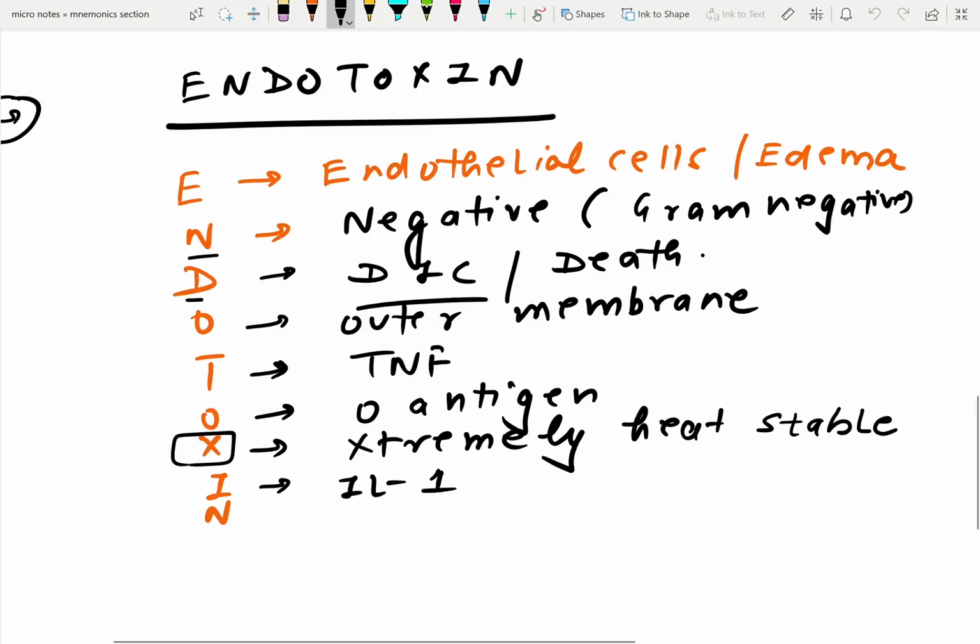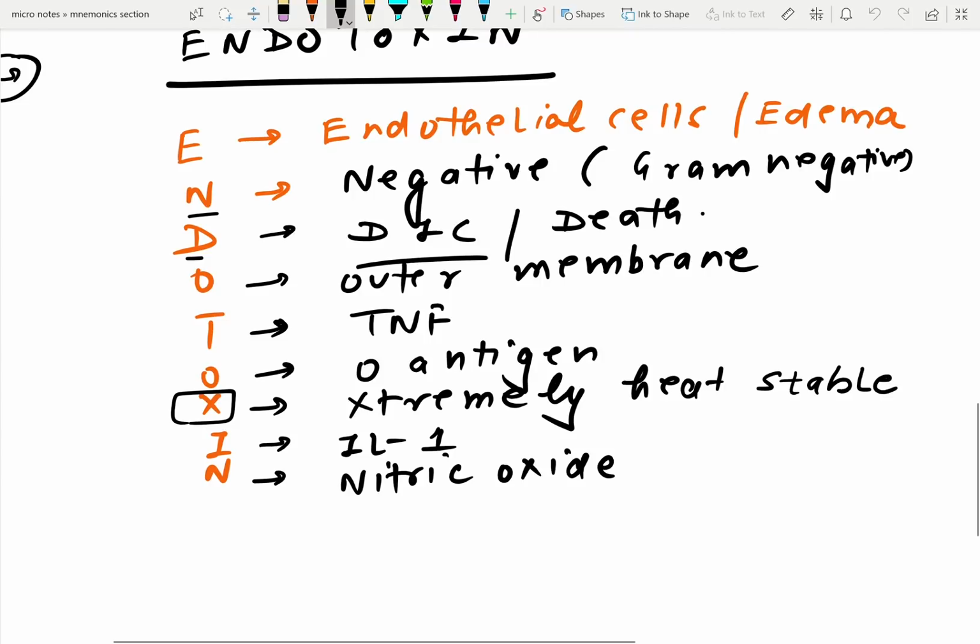This is a cytokine which is involved in this. And there is a release of nitric oxide in this one also. So by this endotoxin word only, you can remember a lot of things: that it causes endothelial cell damage and leads to edema and all. Okay, N, negative, it is secreted mostly by gram negative fellows.